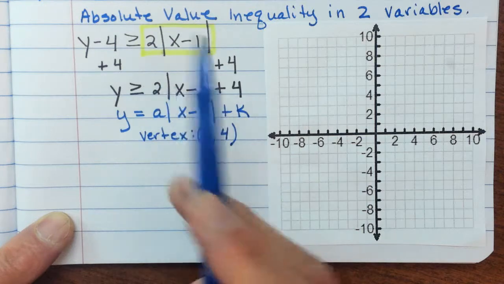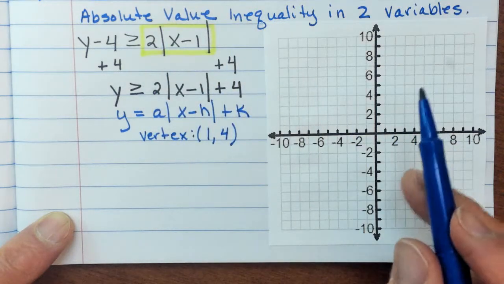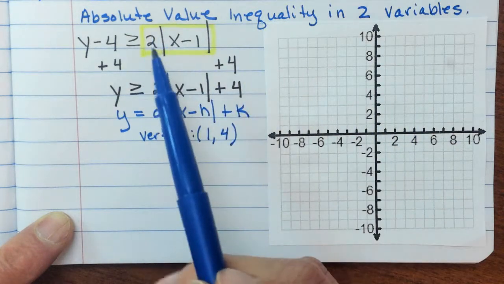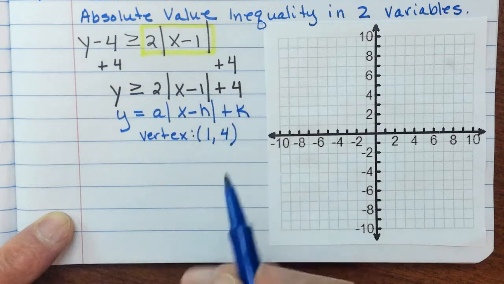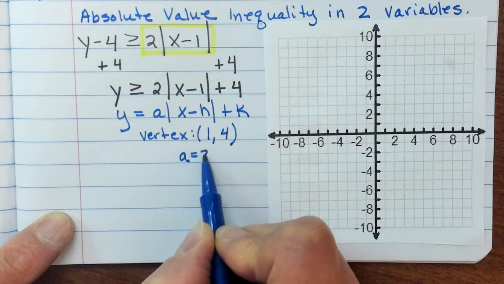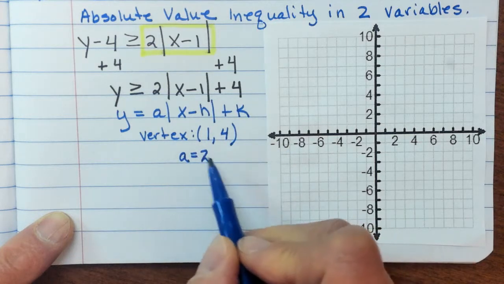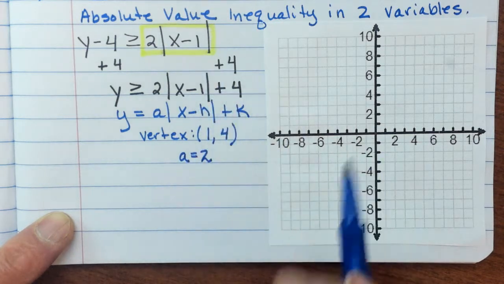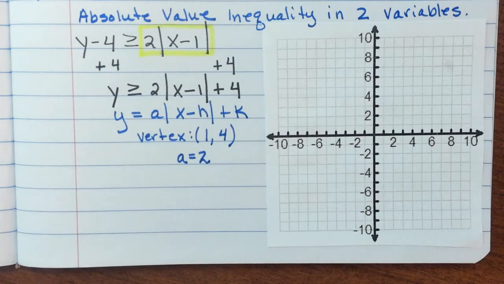And because absolute value is a piecewise of two linear functions, we can look at this a like slope. So our a value is 2, and we're going to treat that like slope for our absolute value. It's the only time we can do that. So let's go ahead and graph this.